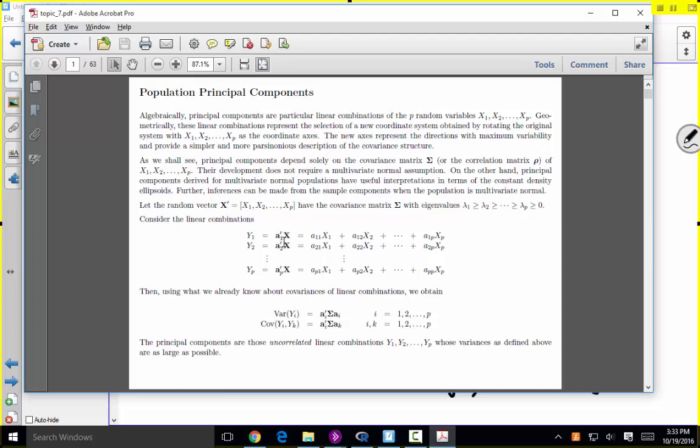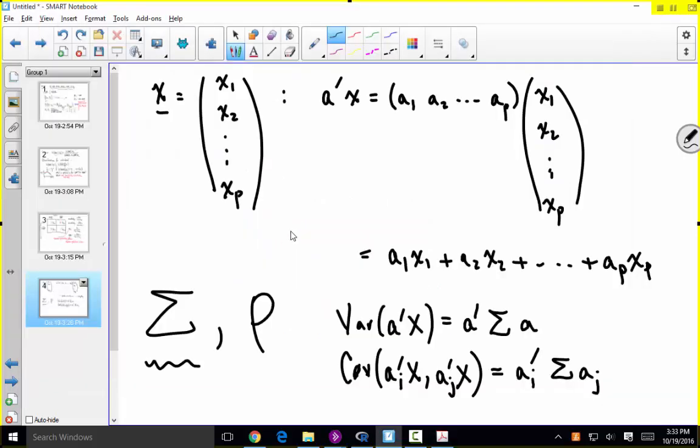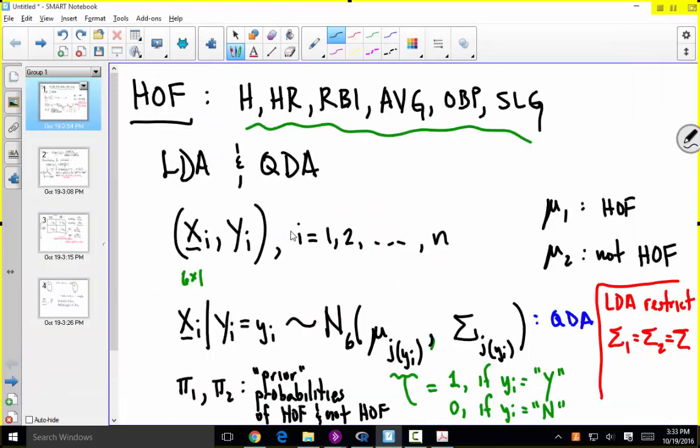the Hall of Fame data, suppose that the best linear combination is the average of these 6 variables. What if it's just 1/6 times hits plus 1/6 times home runs plus ... What if that one's the one that has the most variance out of all linear combinations?